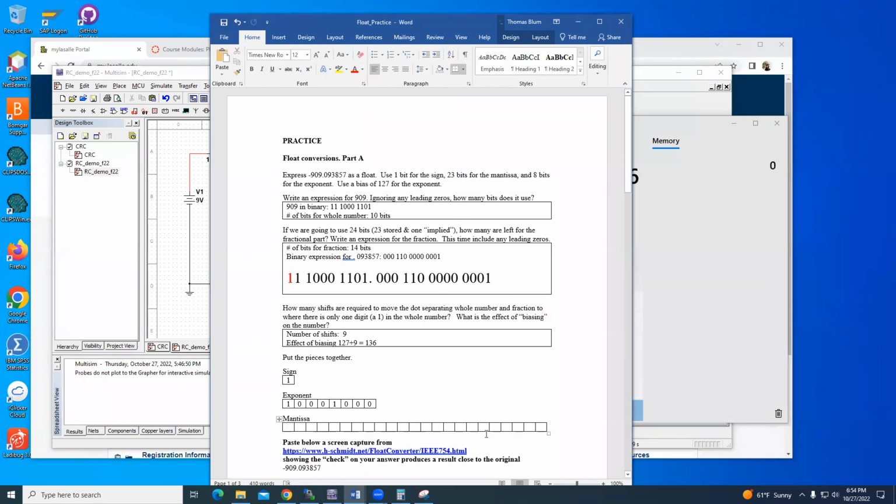And so what was left up there? 1, 1, 000, 1, 1, 0, 1, 000, 1, 1, 0, 0, 1. All right.